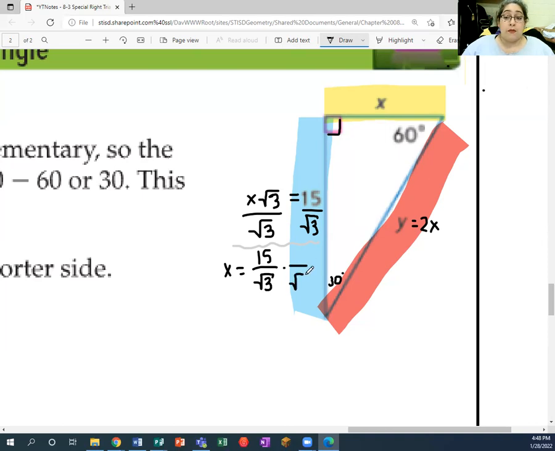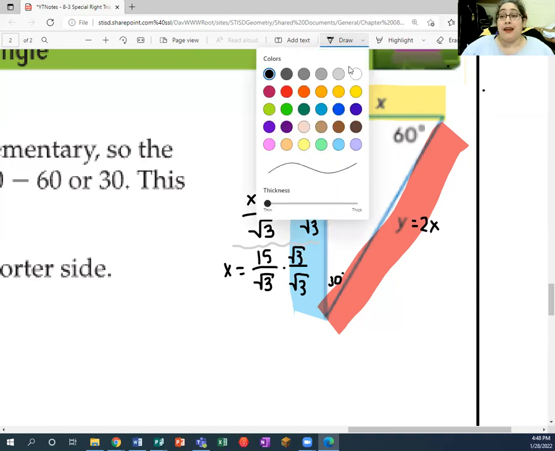I'm going to multiply by whatever I need to make square root of 3 become the square root of 3 times 3. I need to multiply by the square root of 3. Whatever I multiply the bottom by, I have to multiply the top by, and now I have this mess.